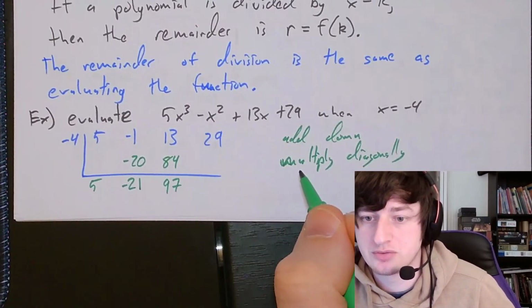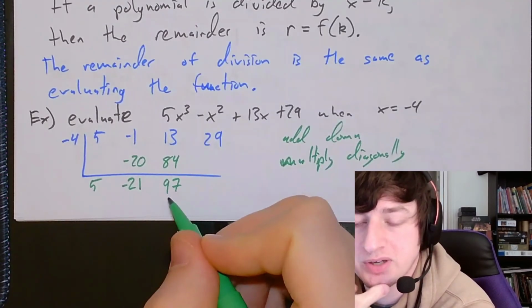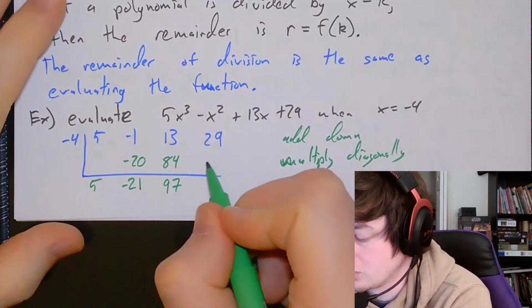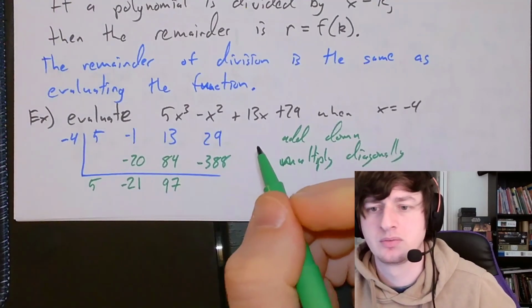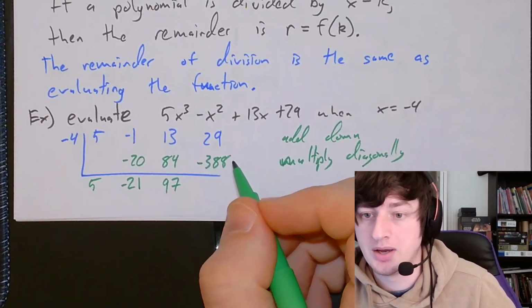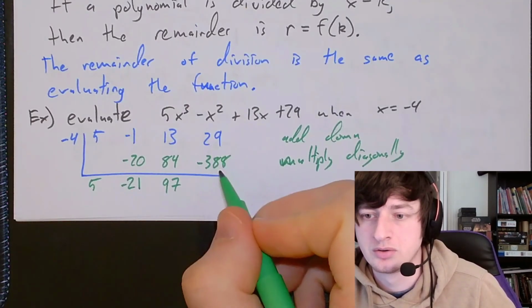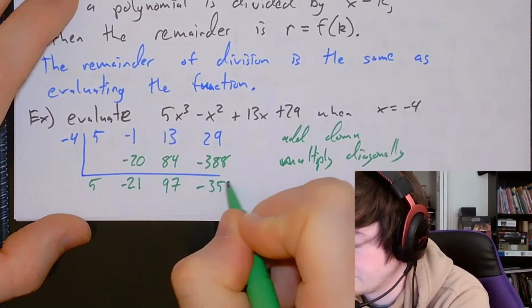97 times negative 4. Well, 4 times 9 is 36, and 7 times 4 is 28, so negative 388. Use a calculator. And then we add down. So negative 359.